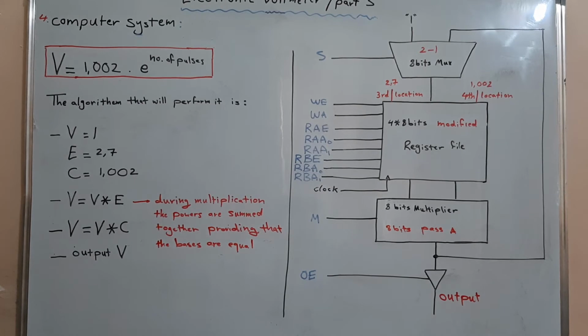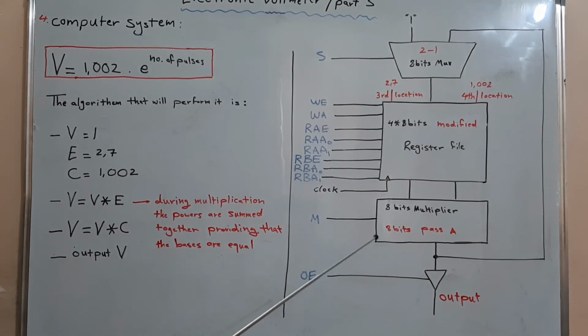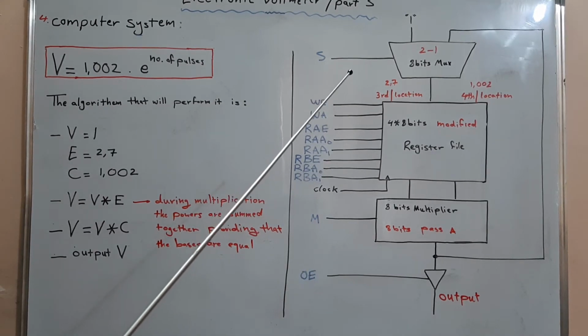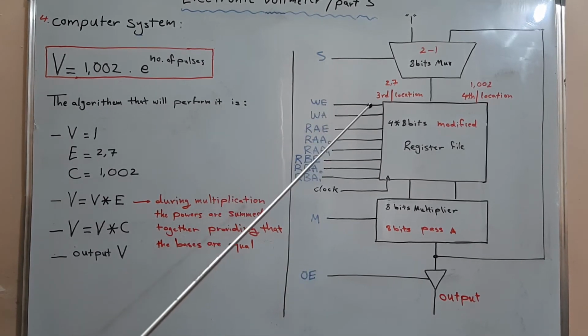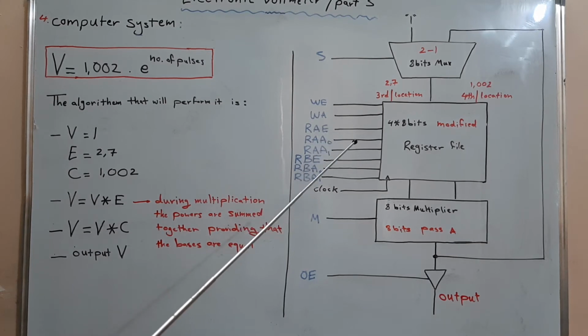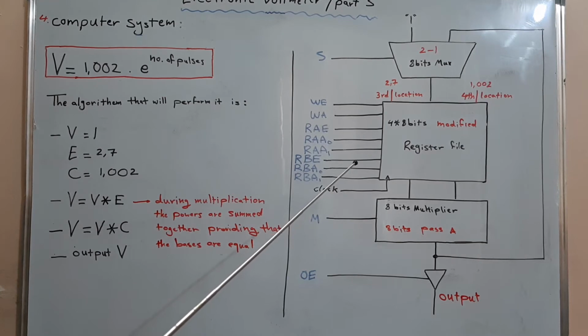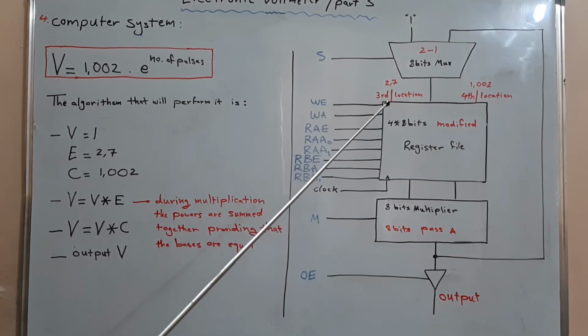The data path that is required to perform this algorithm is this. It's basically composed from an 8 bits multiplexer, which is a 2 to 1 multiplexer, a 4 by 8 bits register file that is modified as we mentioned previously by the removal of the third and the fourth registers and putting constant values in the third and fourth locations respectively.